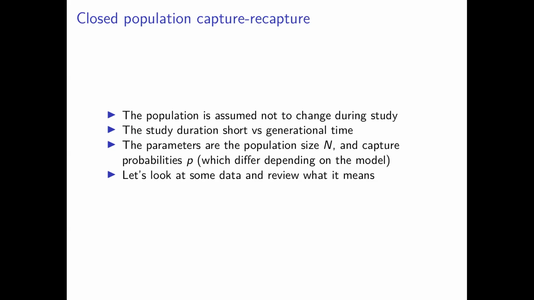But otherwise, for shorter generational times, you'll need a shorter study duration. The parameters are the population size N and capture probabilities p. And the way that capture probabilities are specified depends on the model that we're using. So let's look at some closed population capture-recapture data and review what it means.